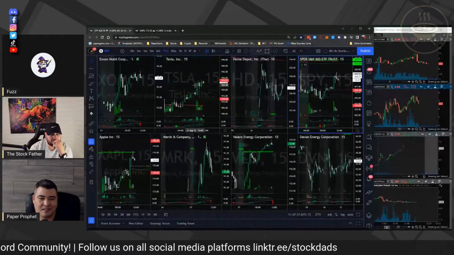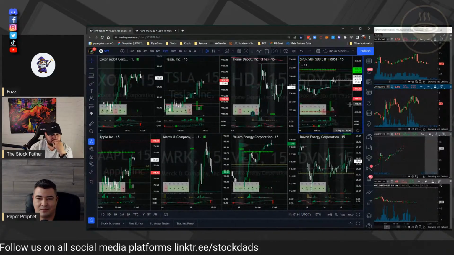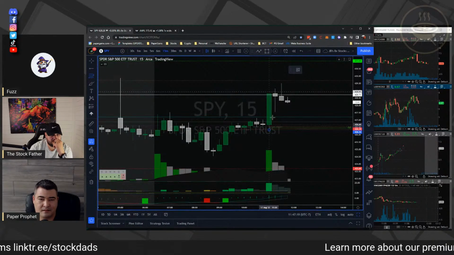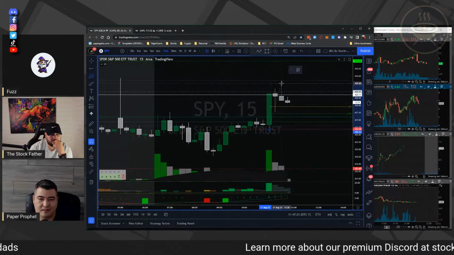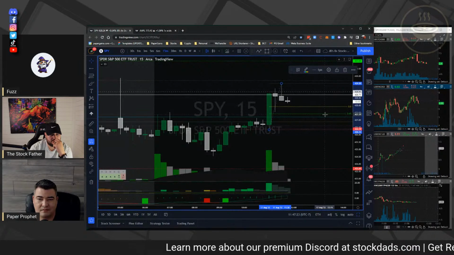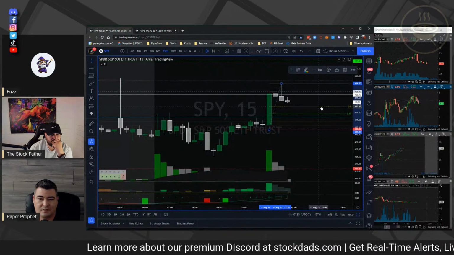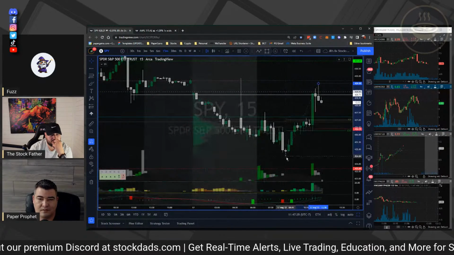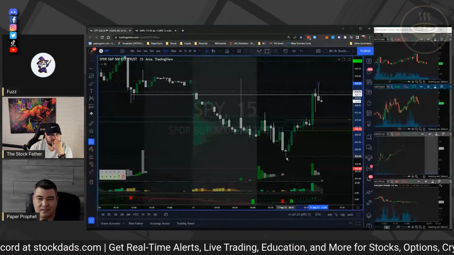For day trading, I really look at this 15 quite a bit. I don't know if I want to be healthy pullbacks, right? 427 here is okay. Don't really want to see all the way here, but it could happen.